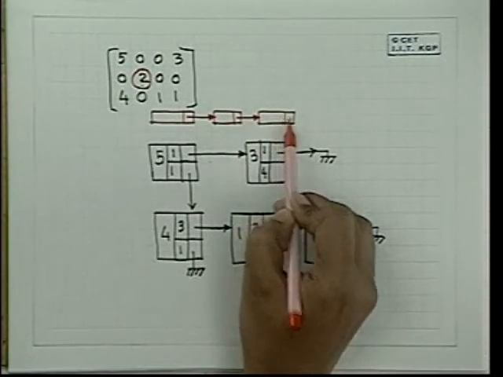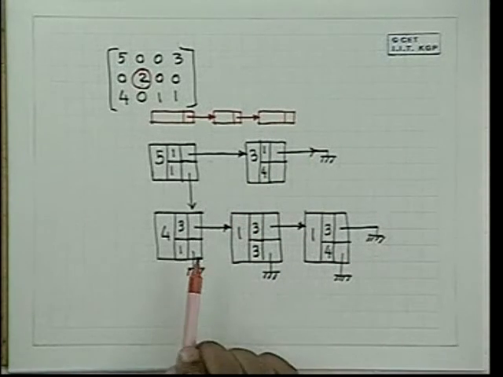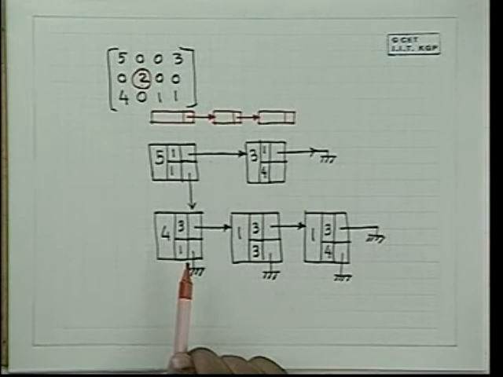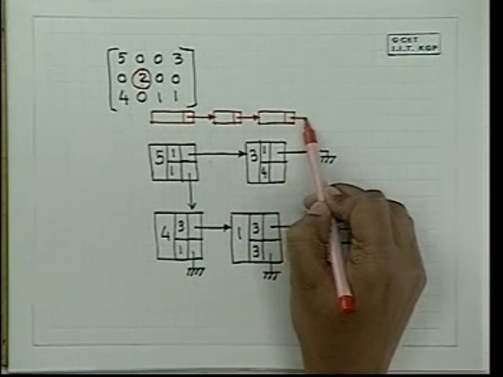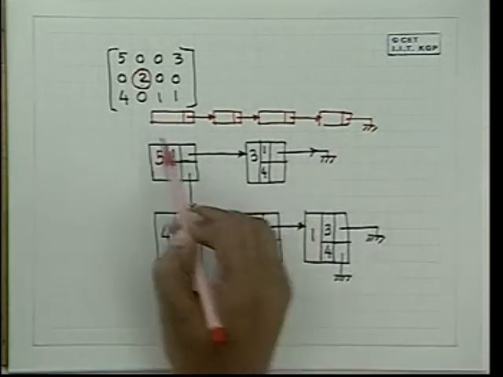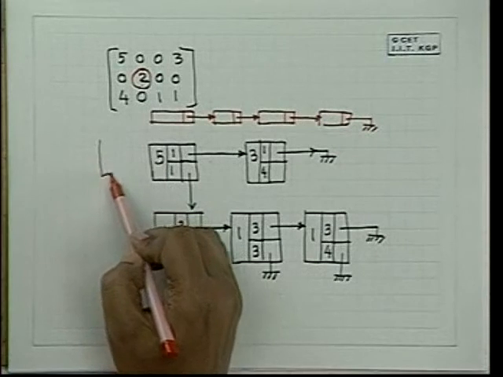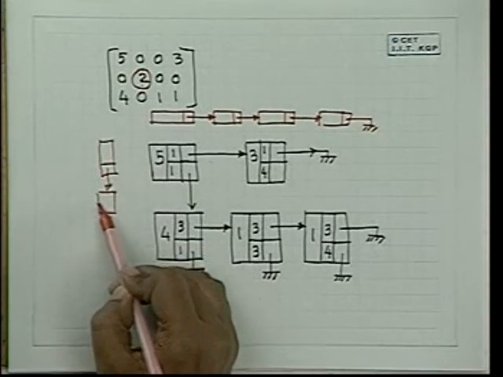Because you will also require information whether element 22 is present, element 20 is present. How will you find out? Element 20, how will you go to the 20th element? And we will have header pointers for the rows and the columns.